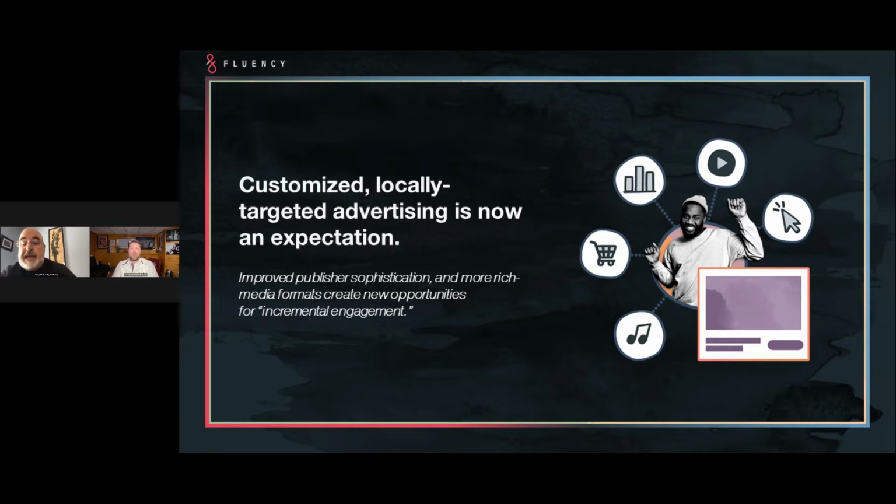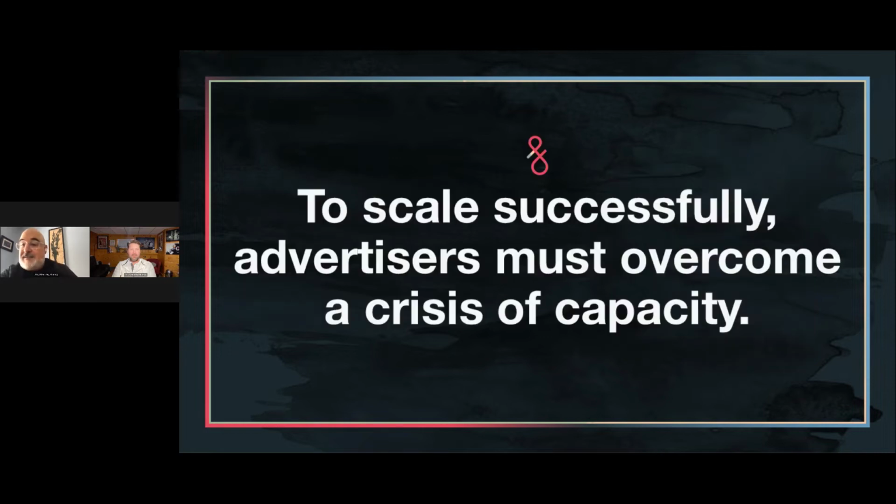So it's increasingly important for brands to be able to message the correct message in a safe and compliant way at any time inside of that purchase funnel. And that is creating a crisis of capacity inside of our agencies and inside of brand marketing departments.